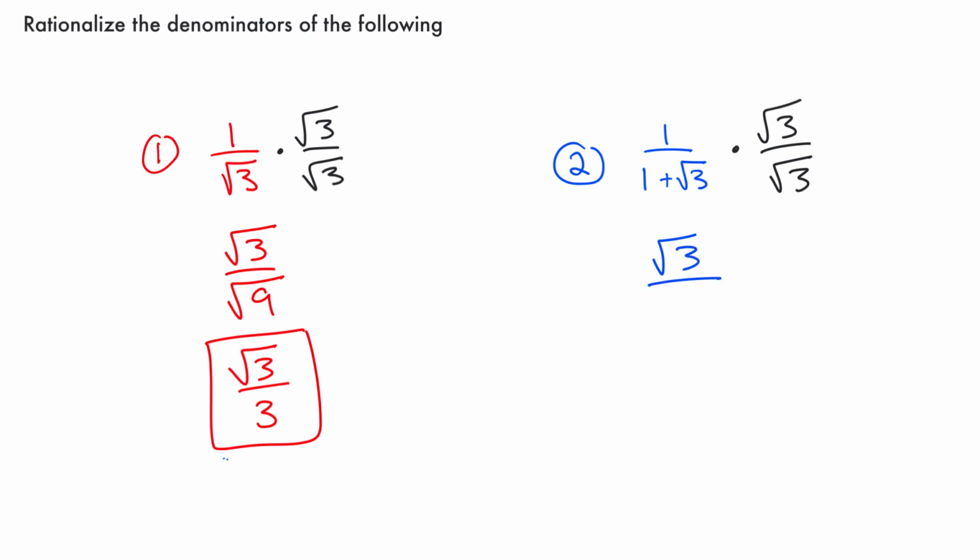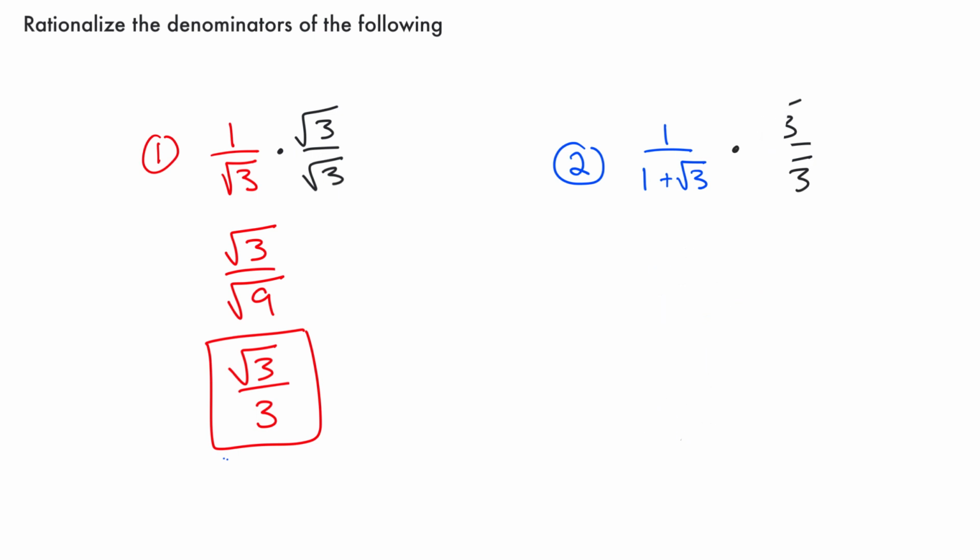And then when you distribute that root 3 to both terms, you would get root 3 plus root 9, which will simplify into root 3 over root 3 plus 3. While we did get rid of the root on the second term of the binomial, we now have a root on the first term. That doesn't work. You can't just multiply by the root that you want to get rid of. This technique doesn't work. All right, so we've got to do something else instead.